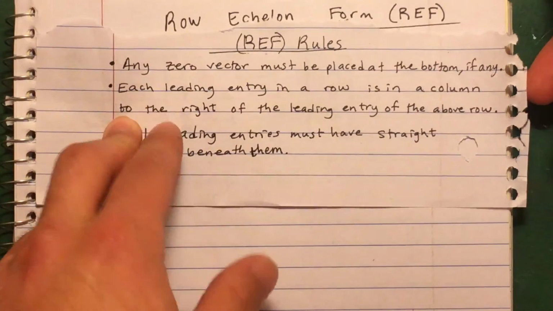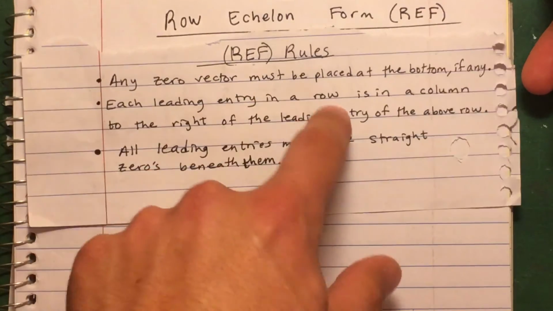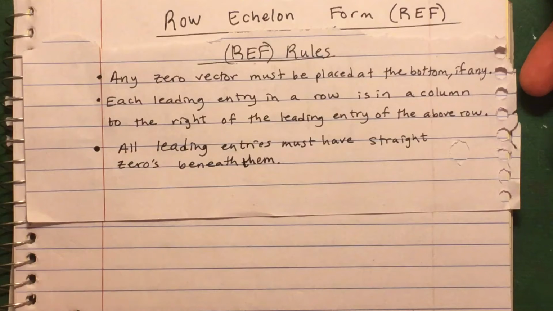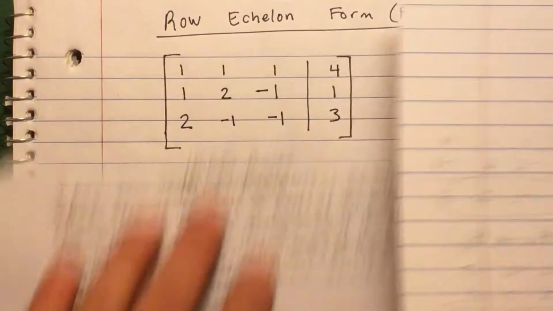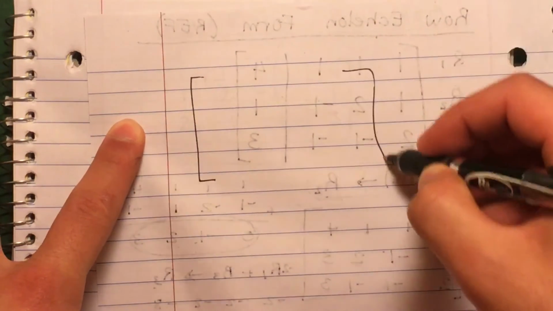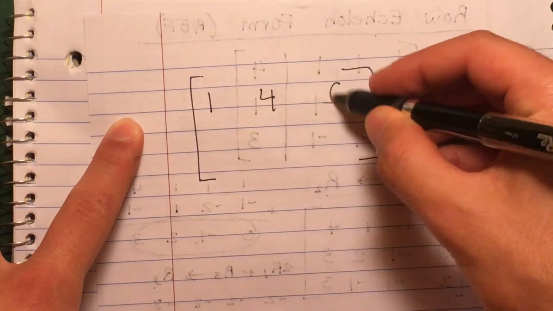Okay, and then the next rule would be that each leading entry in a row is in a column to the right of the leading entry of the row above. So let's talk about that. Let's say you have a matrix here. You have 1, 4, 6.